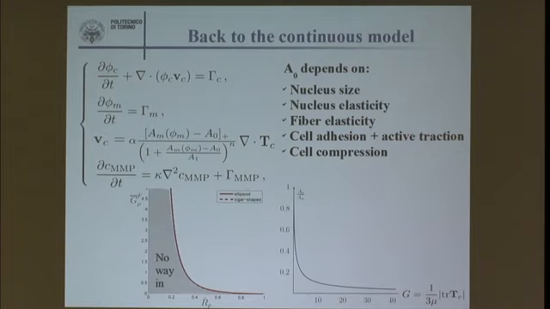In the experiments done by Caterina, A0 is of course constant, but what we learned is that A0, the minimal pore size that allows penetration, is not a constant. It depends on a lot of things. It depends on the nucleus size, of course, because a cell with a smaller nucleus will pass through. It depends on elasticity, because we have shown that elastic nuclei will go through, and on other things like cell adhesion, active traction, and so on.